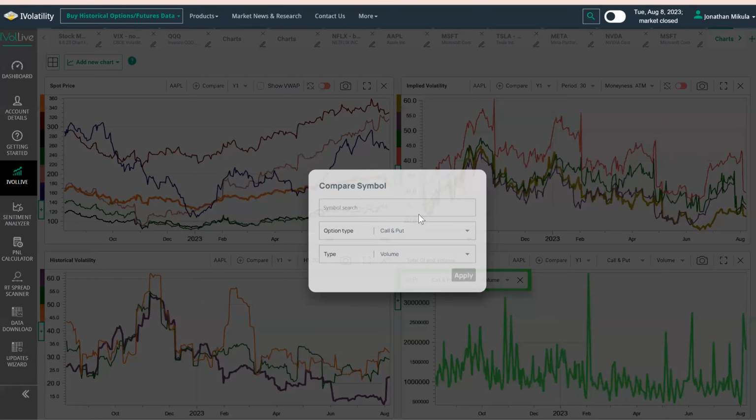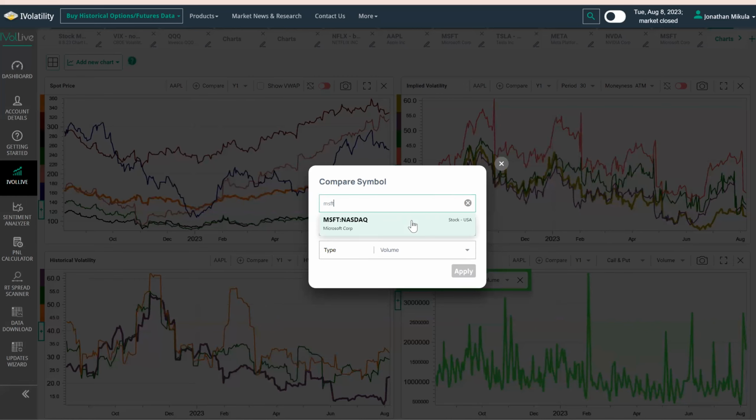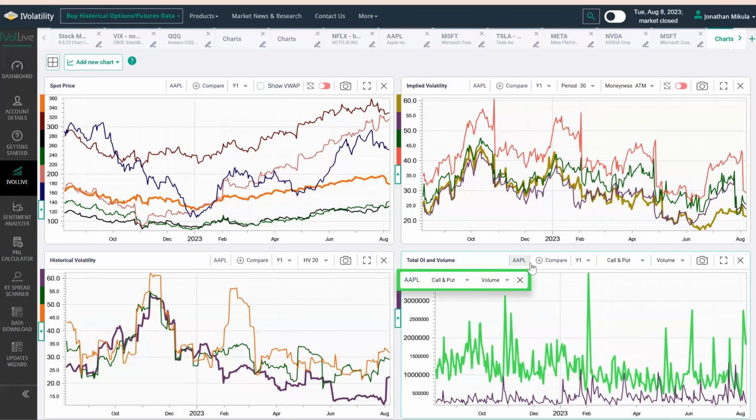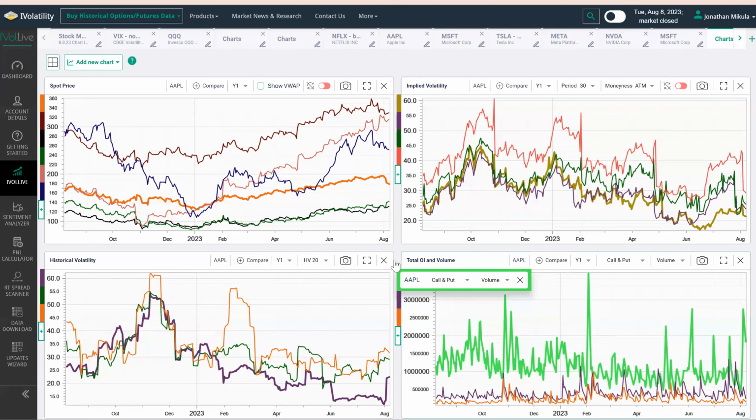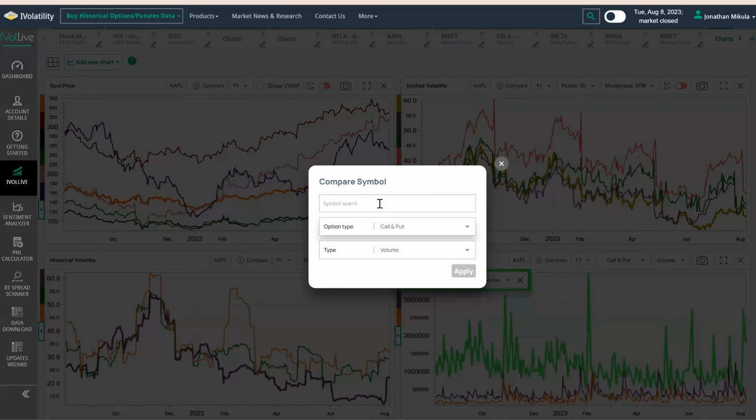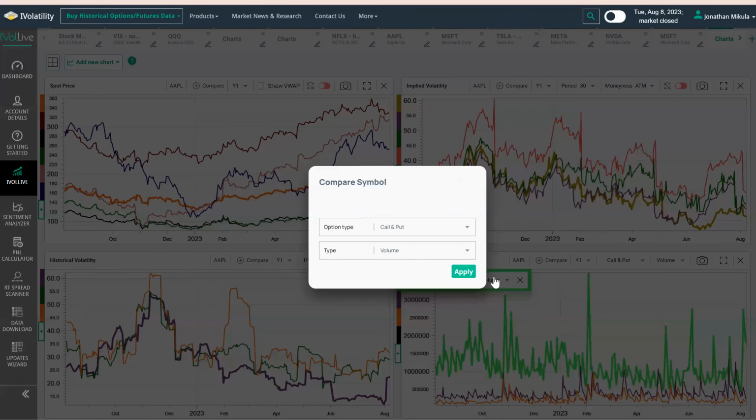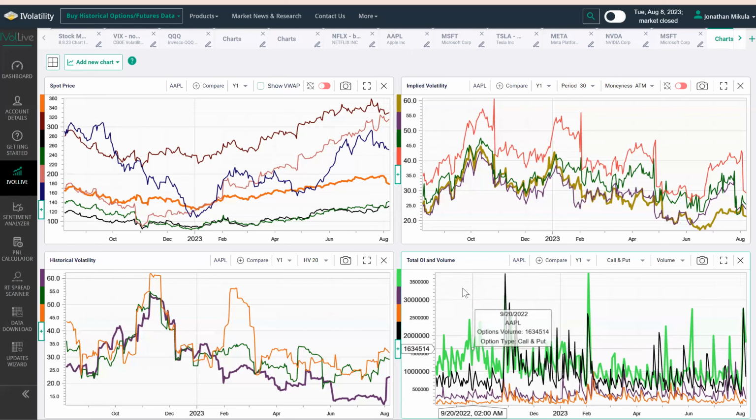And then here I would add, again, as needed, Microsoft, Google, and then Amazon. And then, of course, if you do want to look at open interest as well, you could certainly do that.